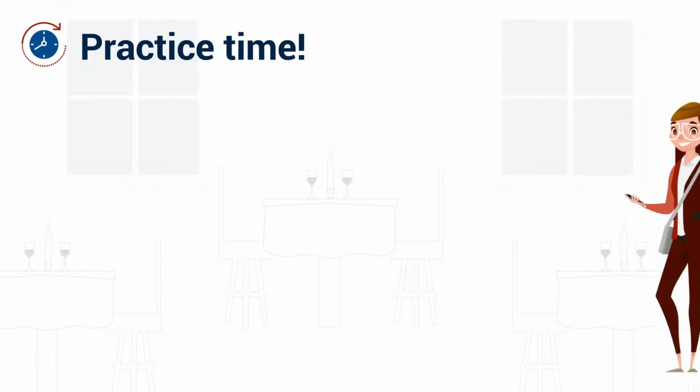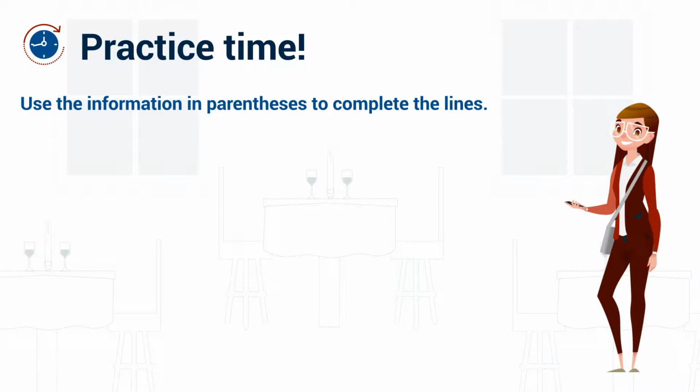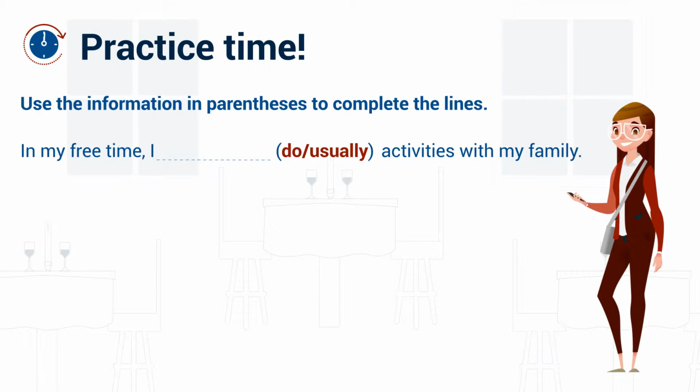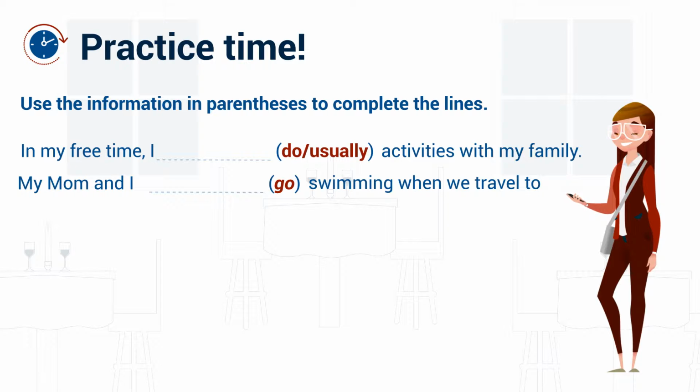Okay, now it is your turn to practice what we studied. Read the text and use the information in parentheses to complete the lines. In my free time, activities with my family. My mom and I swimming when we travel to a hot weather place.